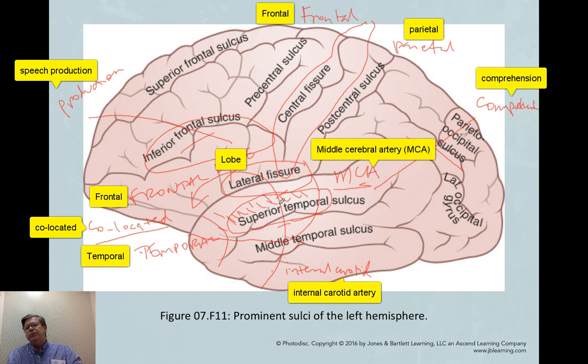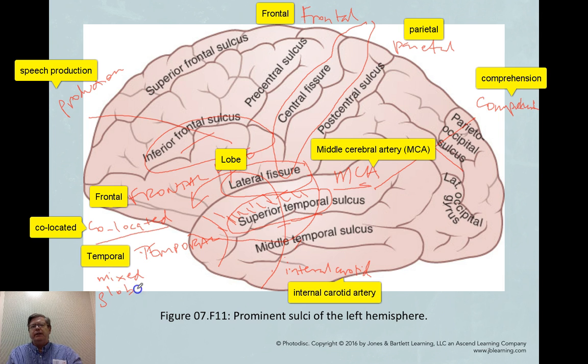So in other words, because of the arrangement of the arterial system and the fact that it provides nourishment to both the superior temporal lobe and the inferior frontal lobe, damage to that artery will lead to loss of function in both of those lobes, giving a correlation between speech production and speech comprehension impairment that will necessarily produce a type of disorder that we call mixed or global aphasia.